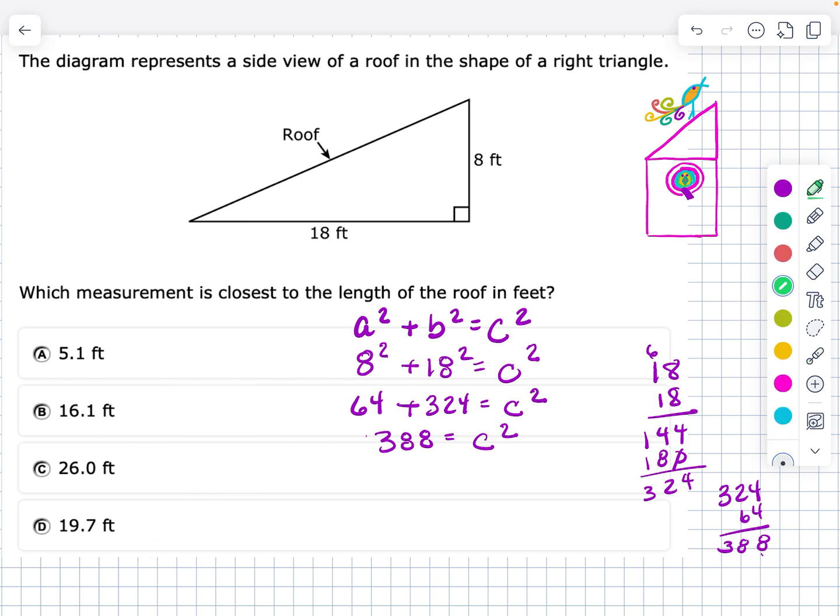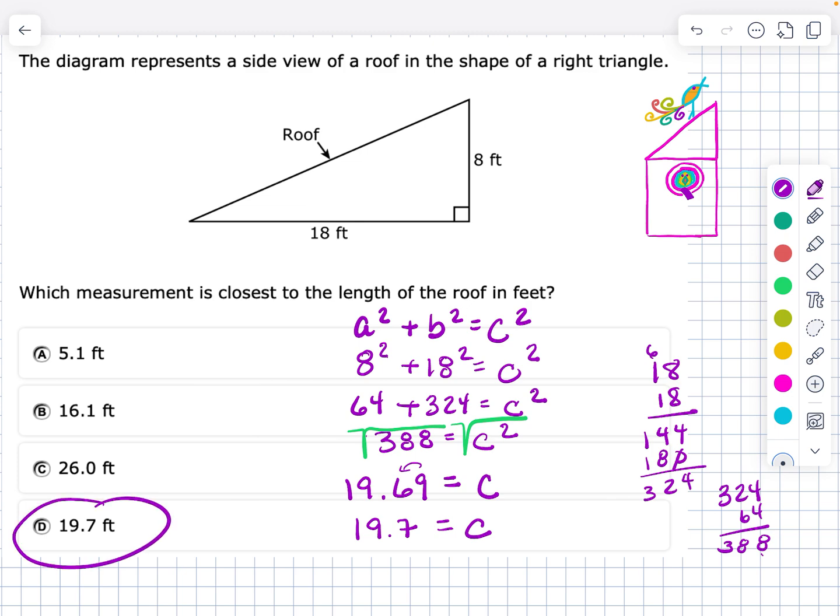So let me take the square root, and I know the square root of a square is just that number, so the square root of c squared is just c, and the square root of 388, let me get out my calculator here, is 19.69, and we're going to round that up. It's going to be 19.7 equals C, and you can see our answer is D.